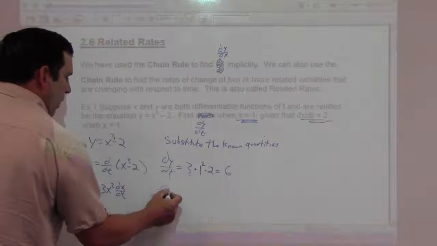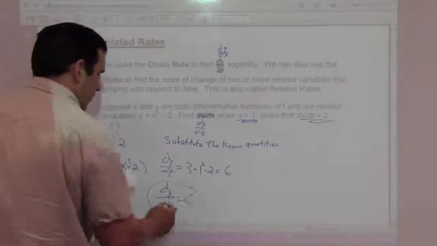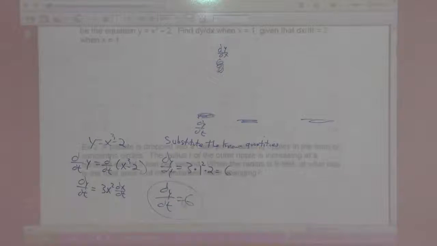So our dy/dt is 6. Okay, I'm going to go on to the next one.